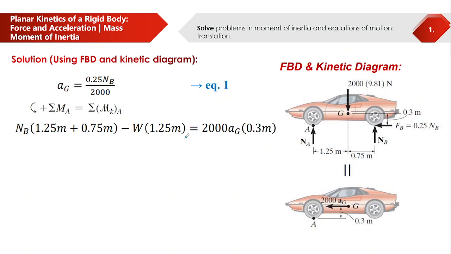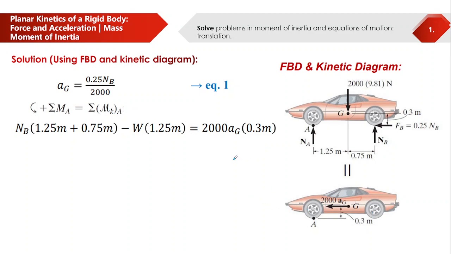That's the distance away from point A of our n sub b. Minus weight. Weight is 1.25 away from the point A, so that will be negative. Again, since the positive sense of the rotation is counterclockwise, and the weight is clockwise, that will be negative. So it equals the kinetic moment of the car.